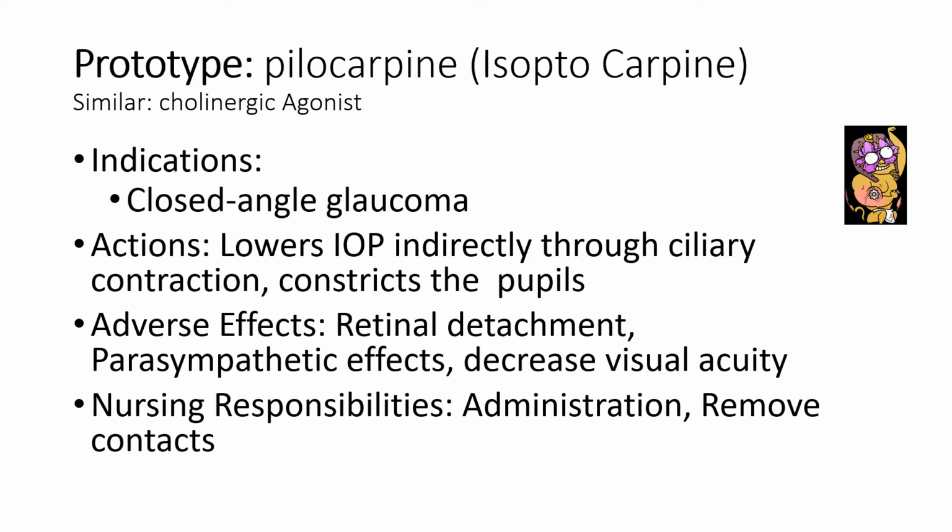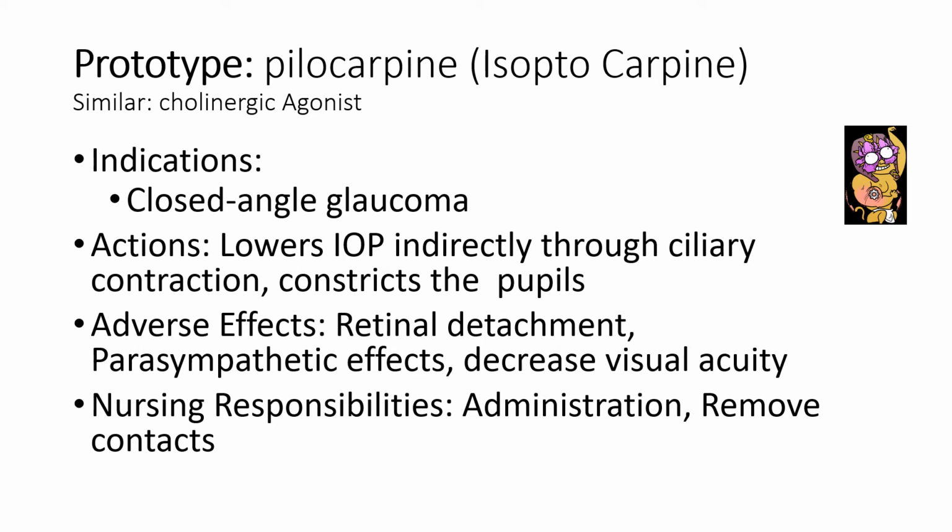Okay, so pilocarpine is used for closed angle glaucoma, which is the emergency one. So it lowers the intraocular pressure by pupillary constriction and spreading back out that iris that was bunched up.